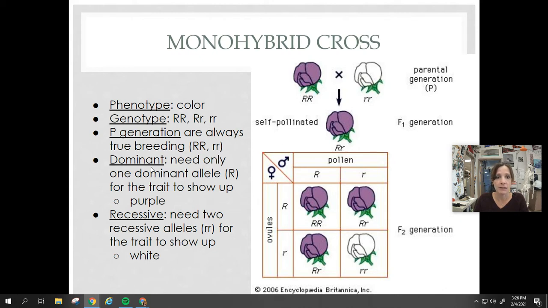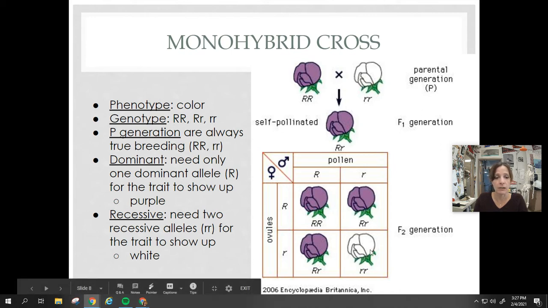Okay, dominant is where you only need one allele to make the trait show up. So for example, the big R dominant causes the flower to be purple. And then recessive, you need both recessive alleles, little r, for it to be white. So if you have one big R, that's the dominant, it's going to be purple.